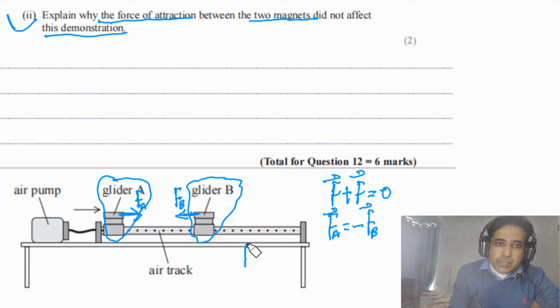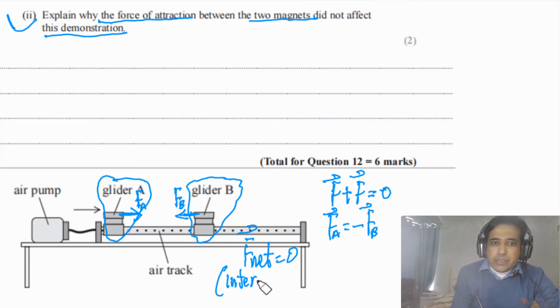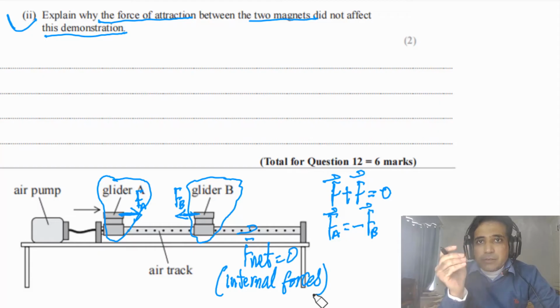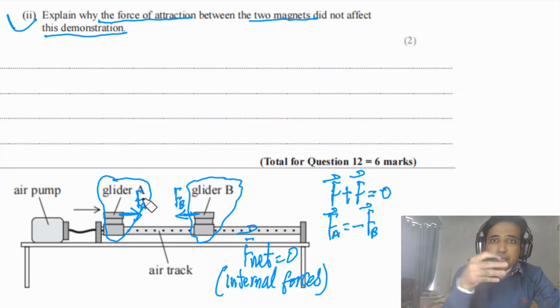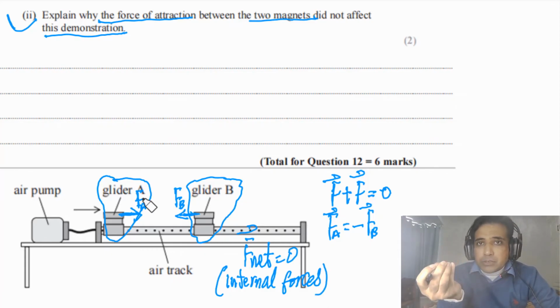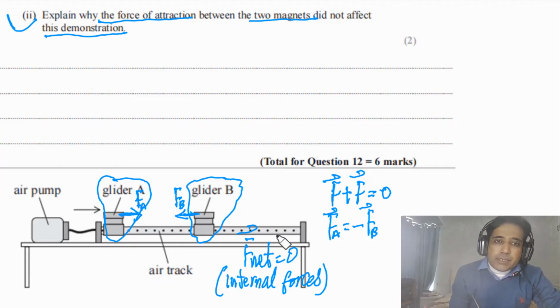We can say F net on the system is equal to 0, because these two forces are internal forces. That's the reason momentum is conserved in this case: there is no net external force on the system, and these two magnetic forces are internal forces, and the resultant force of these two is equal to 0. So this is how you can answer.